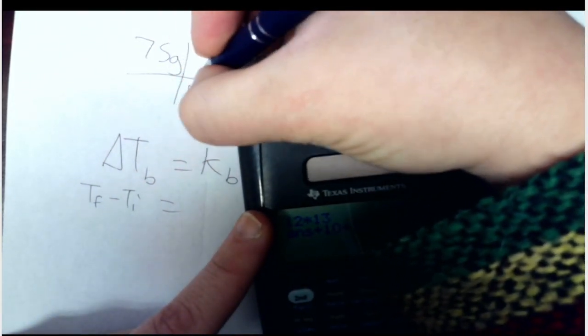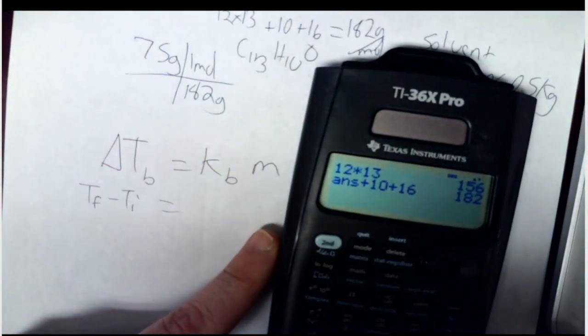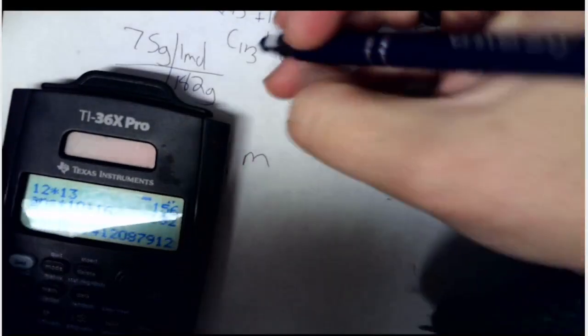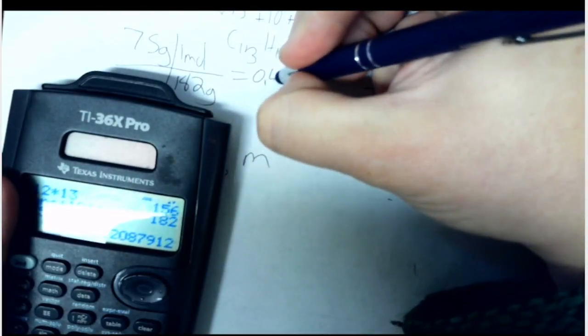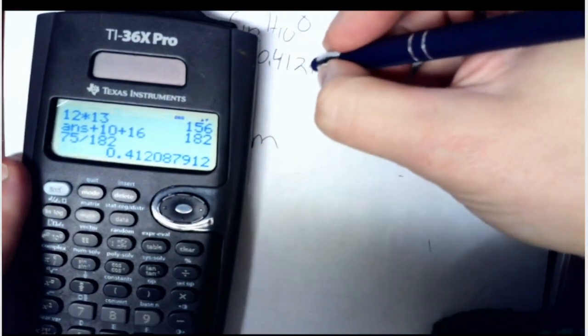So how many moles do we have here? 75 divided by 182 is about 0.4121 moles.